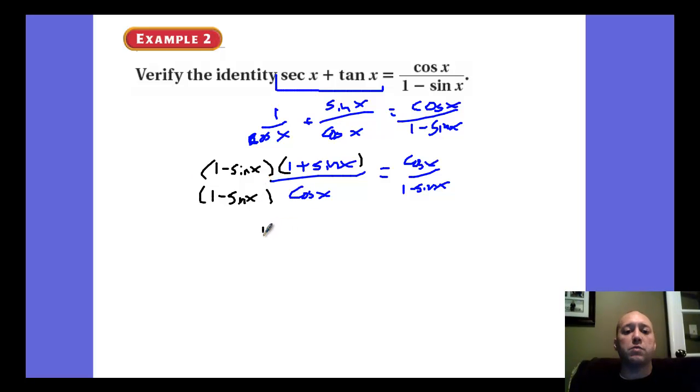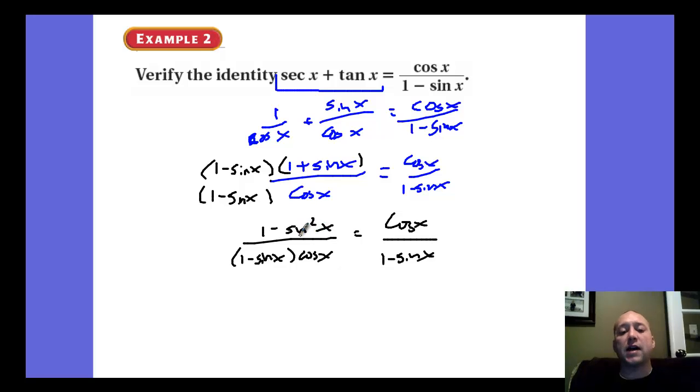The top would then become 1 minus sine squared x over, the bottom stays, 1 minus sine x times cosine x. So 1 minus sine squared x, we're going to Pythagorean identity, that's going to equal cosine squared x. So we get cosine squared x over 1 minus sine x times cosine x.